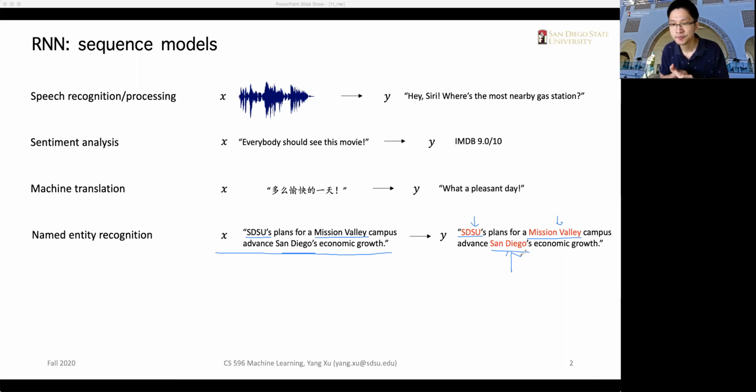Okay, so for example, if you want the search engine to understand your input to the input box, right? You type in some keywords you want to search, or maybe a sentence. Then the search engine, maybe what it does is to first analyze which entities it recognizes.